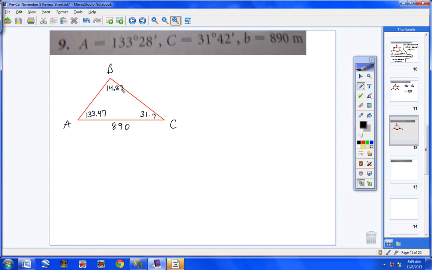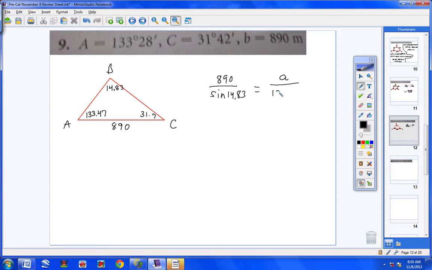Now step 3 says use law of sines if you can, and look, we can. We have a pair that we can use. So with that in mind, very quickly, I'm going to say 890 over the sine of 14.83 equals, and let's find side A first.